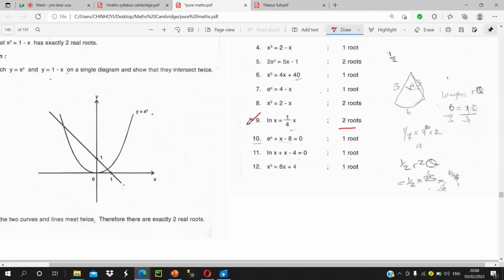For number 9, we are going to draw the graph of y equals ln x, right? Yes. And also the graph for y equals 1 over 4x.